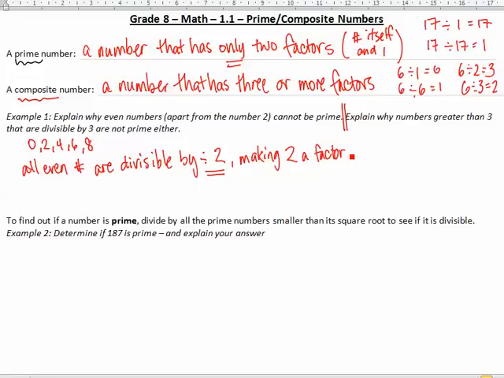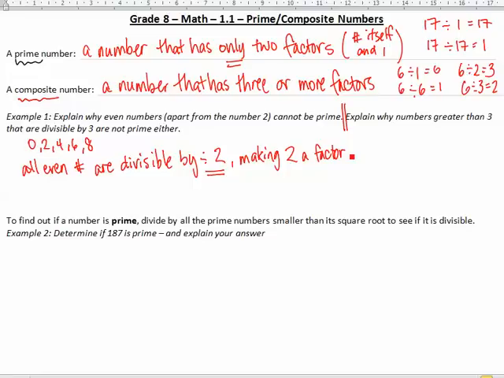So it can't be prime because any number that is even will have 3 factors at least. It'll have 1 as a factor, it'll have the original number as a factor, and it will have the number 2 as a factor because it's even, because that number can be divided by 2.